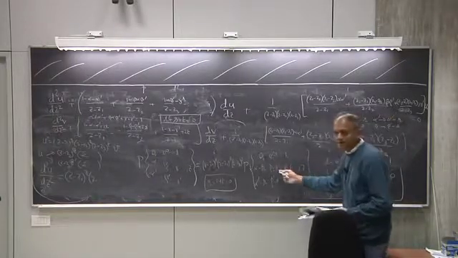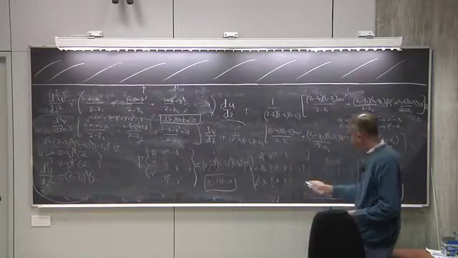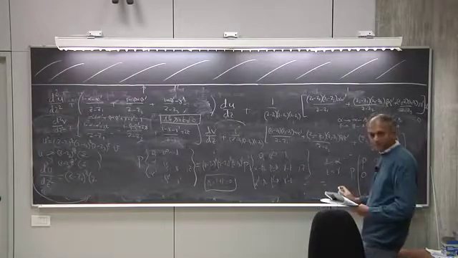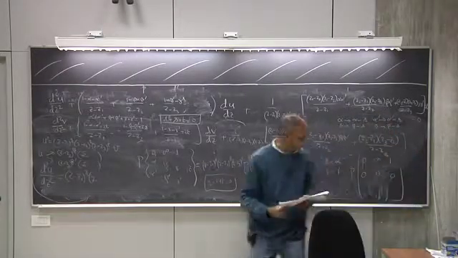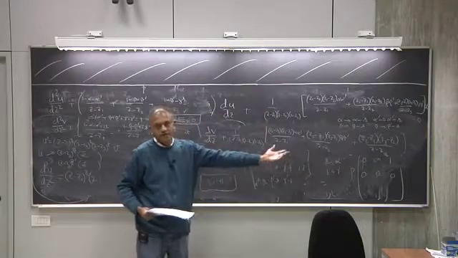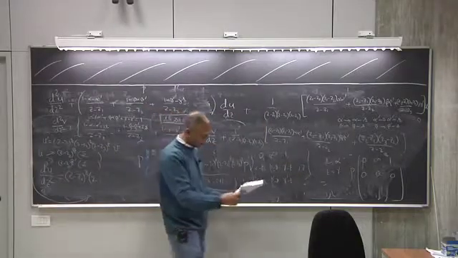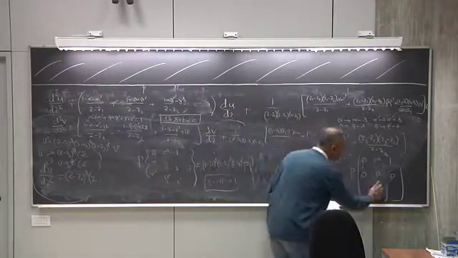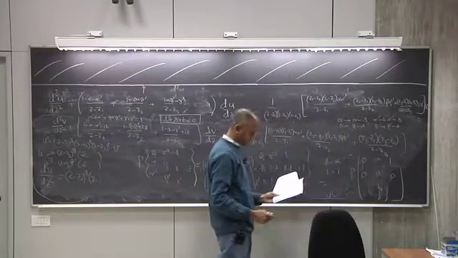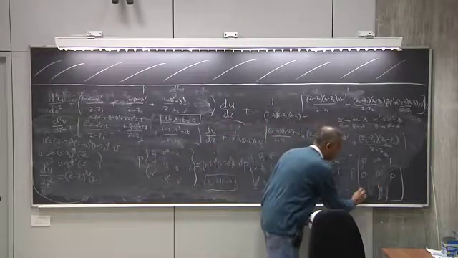Then this will be some number, some complex number in general. I just call that a, small a. And this number I call small b. This number I call 1 minus c. This is just a convention.